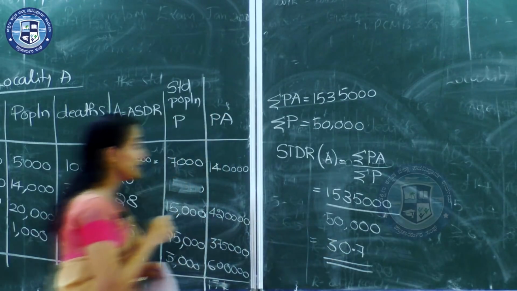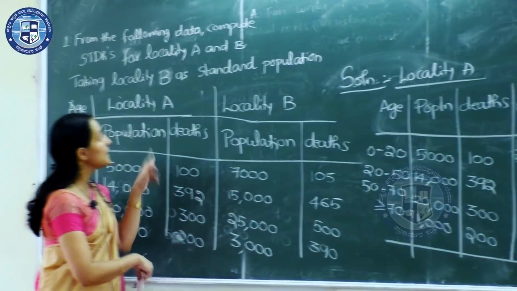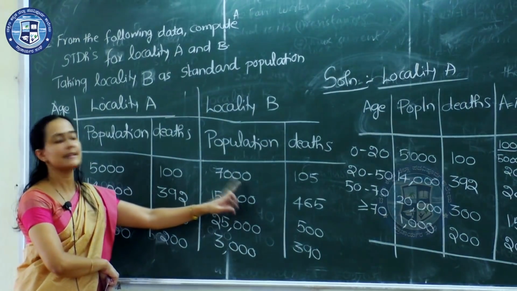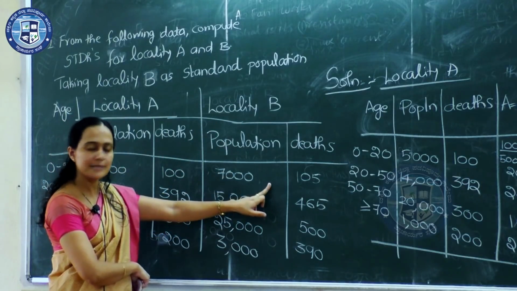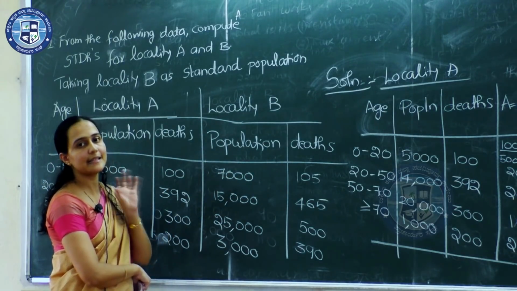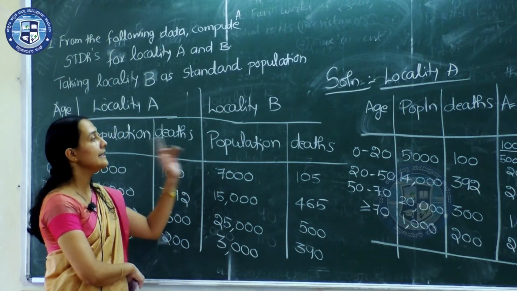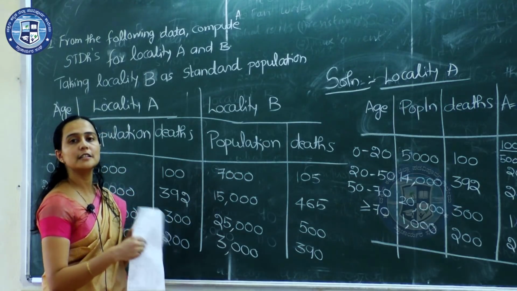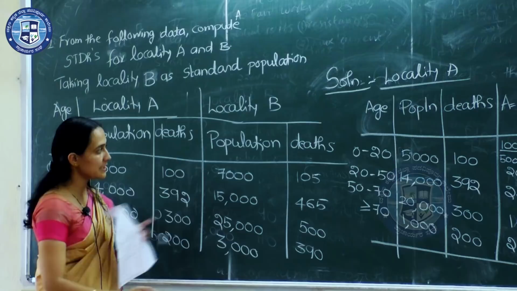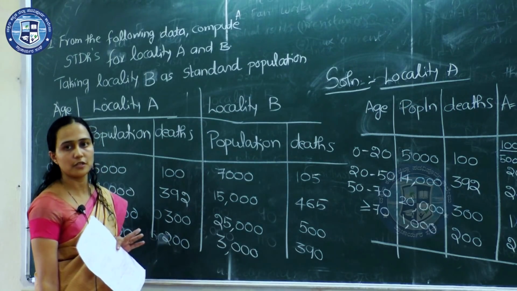Next, we have to compute which one? We have to compute this total. Locality B's population we took as a standard population. Since locality B itself is the standard population, STDR of B is same as CDR of B. No need to compute STDR or age specific death rate again.